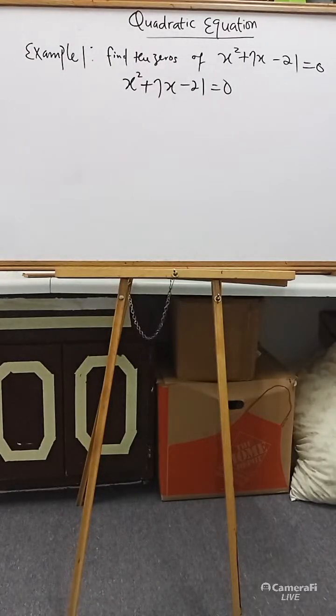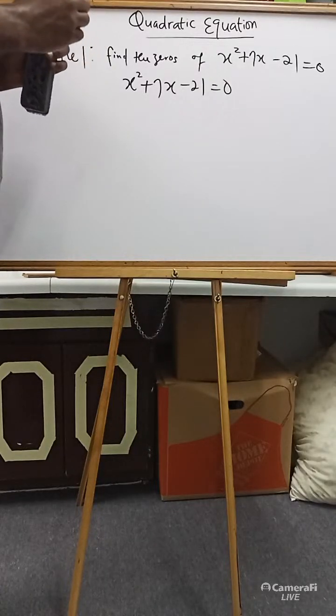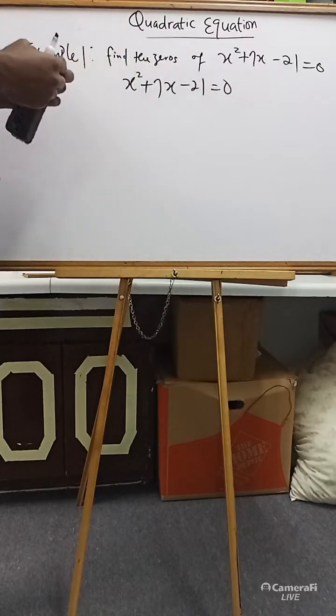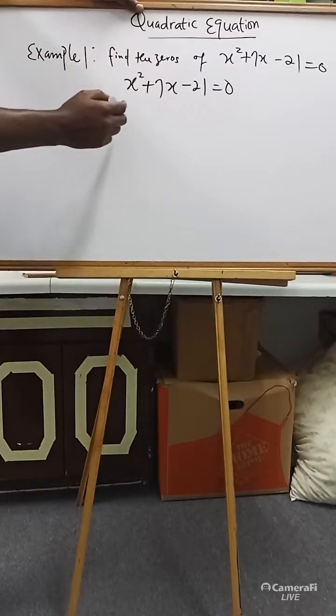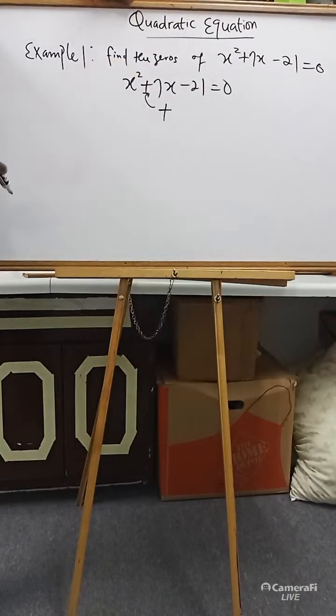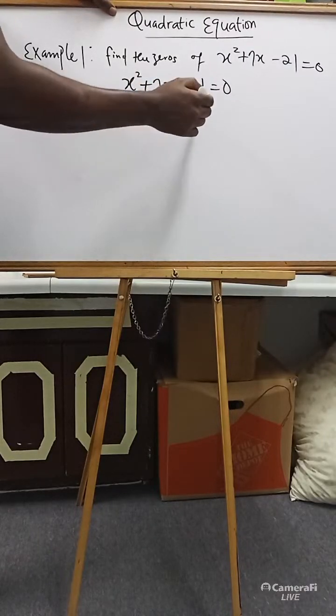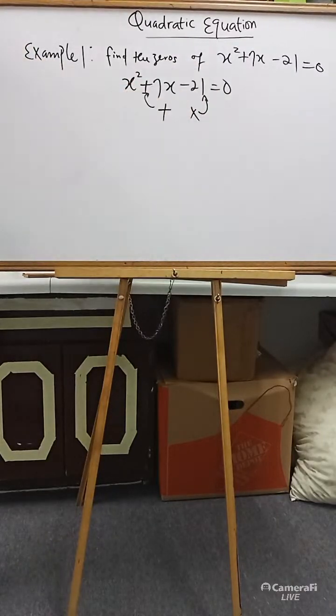We make use of two methods here. The first method is that we look for the factors of 21 such that when you add them together, it gives you the plus 7x, and when you find the product, it gives negative 21. Those are the two things we need to consider.